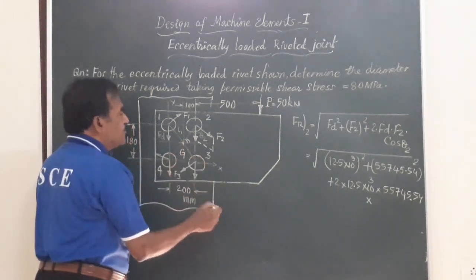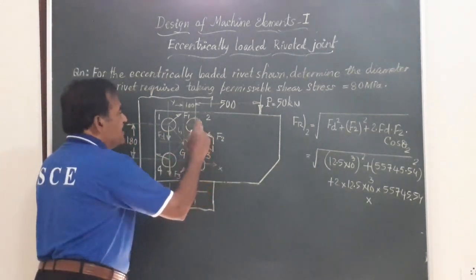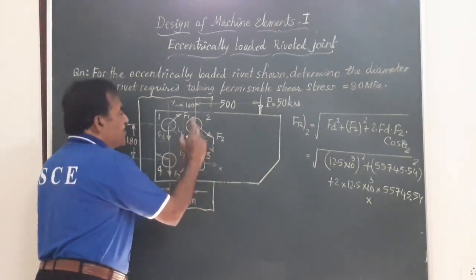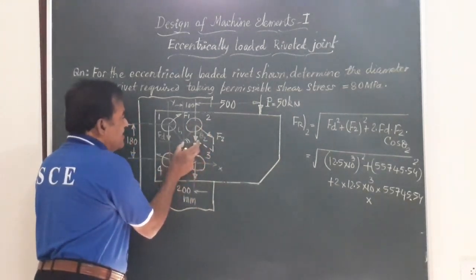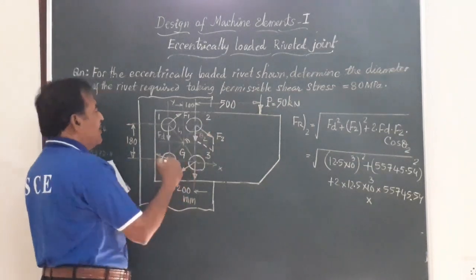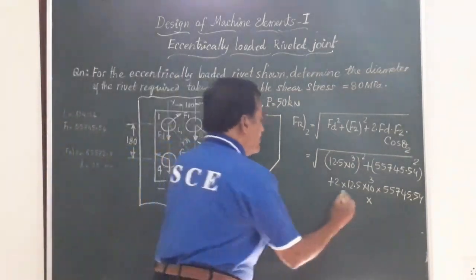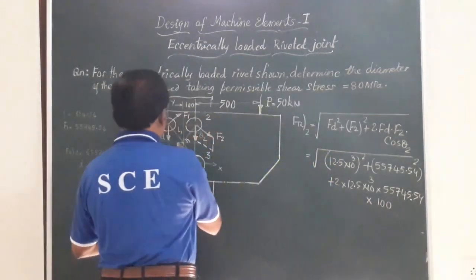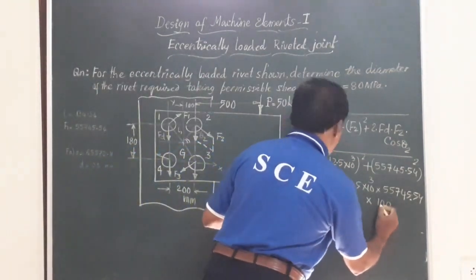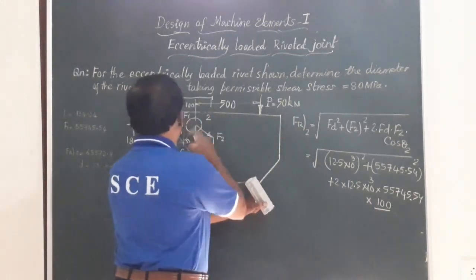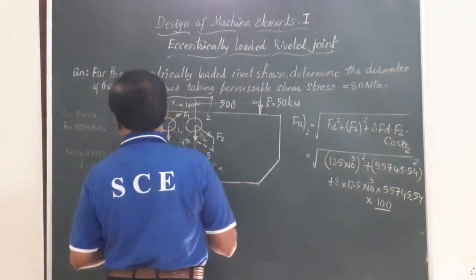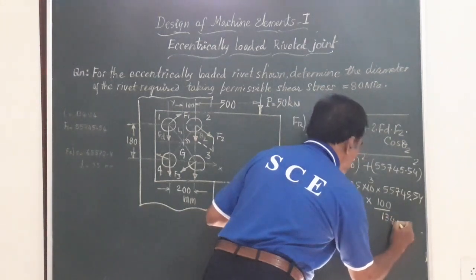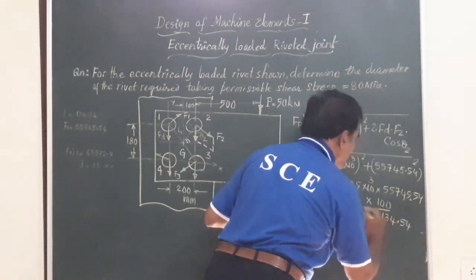If you want cos theta 2, it is nothing but the adjacent side divided by the hypotenuse. The adjacent side is 100, and the hypotenuse is L1, which is 134.54. So I am substituting 100 divided by 134.54 as the value of cos theta 2.